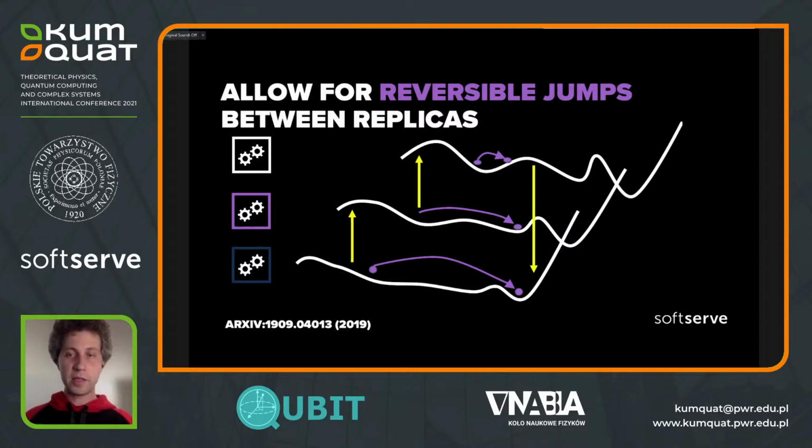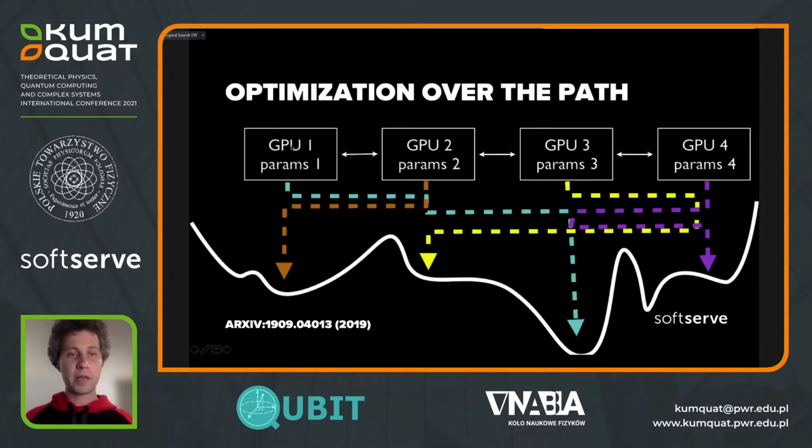Technically, it's done by having multiple GPUs, and as you train your model on different GPUs, you allow different models to exchange hyperparameters.